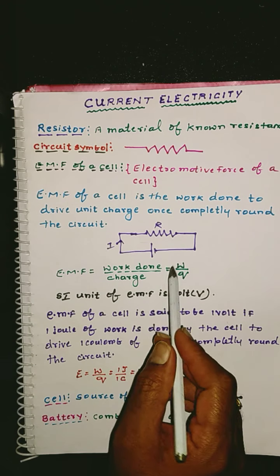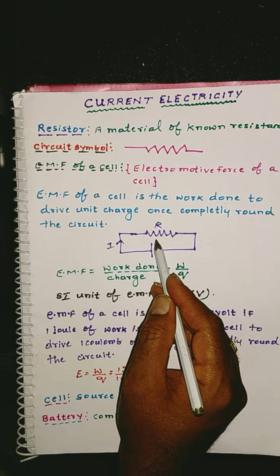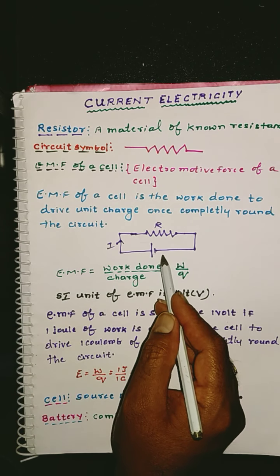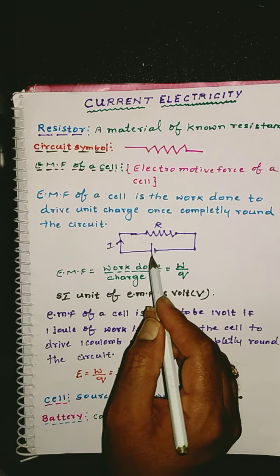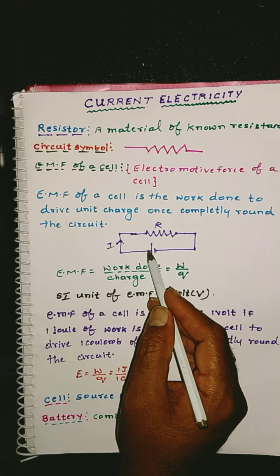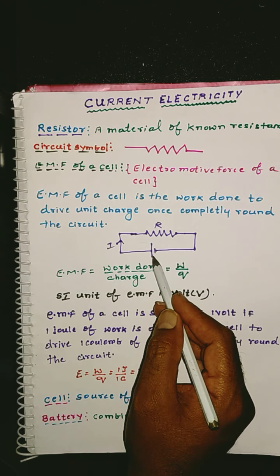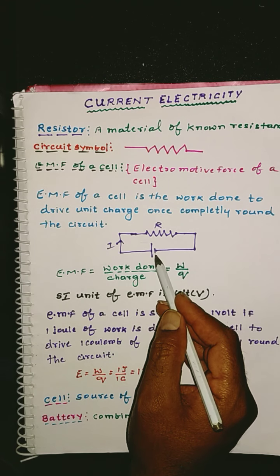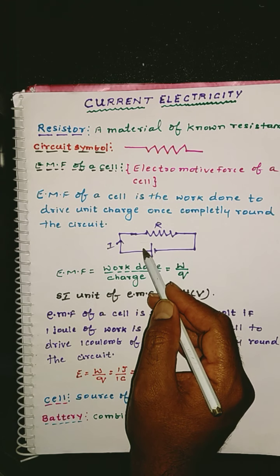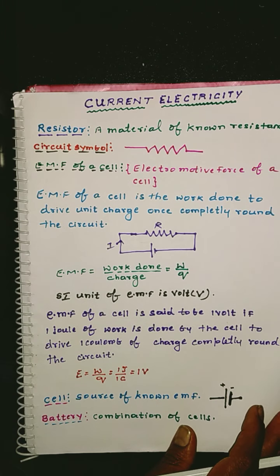In fact, that is also equal to the potential difference found across the terminals of the cell when current is flowing through the circuit. So remember, to measure EMF, you have to know the work done by the cell against external resistance as well as internal resistance. To measure the terminal potential difference, it is the work done against the external resistance in the circuit.